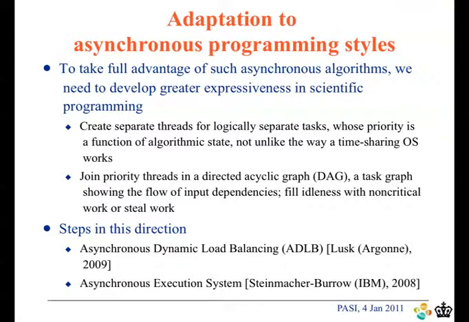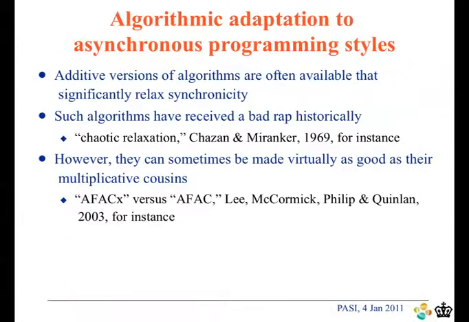Jack Dongarra has rewritten a lot of ScaLAPACK in terms of DAGs, and we need to do that in a lot more scientific computing. And there are some early steps in such programming models from IBM and elsewhere. There are historical attempts to make algorithms less synchronous that failed because they weren't needed, and synchronous was the same cost and better, but no longer will it be the same cost.